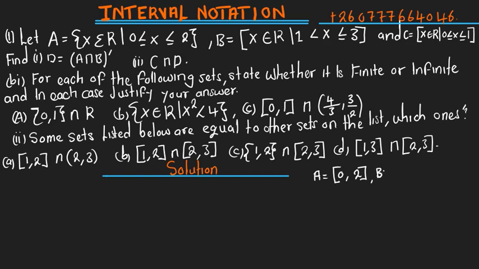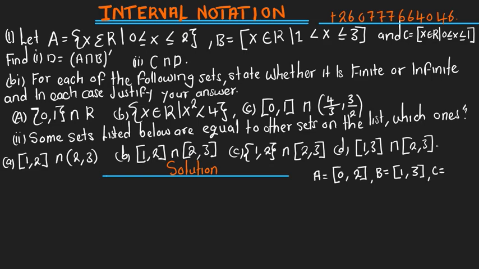Then we've been told that set B is a set where X is a member of all real numbers with 1 included and 3 included.